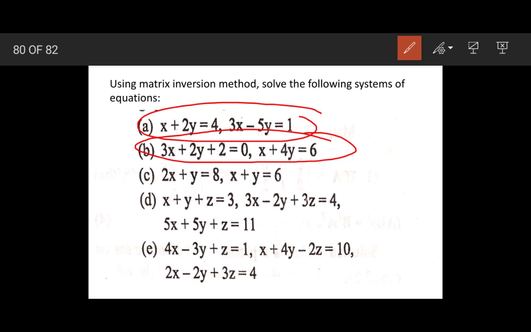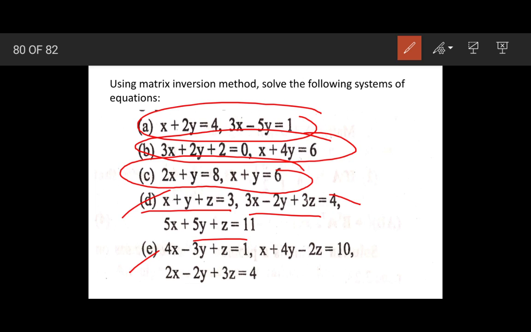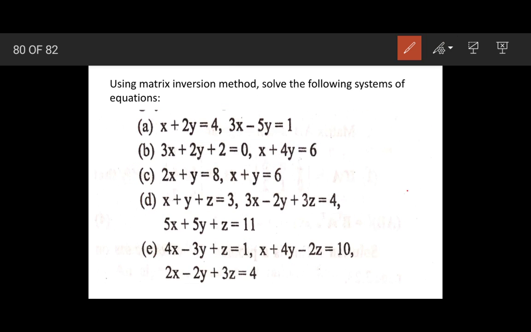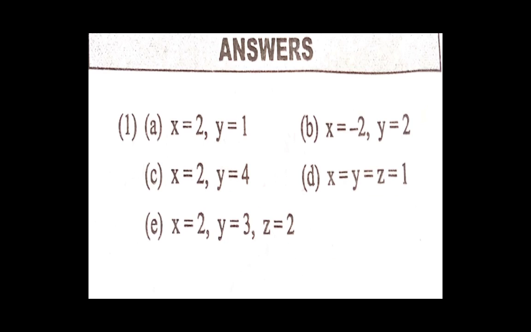Okay, in the third, again 2 variables with 2 equations, and the last, fourth and fifth, have 3 variables with 3 equations. Okay, x, y, z, and there are 3 equations. Okay, so first A, B, C are 2 by 2, D and E are 3 by 3. Okay, so solve this and you can check your answer. Your answer is given in the next slide, answers for A, B, C, D and E.